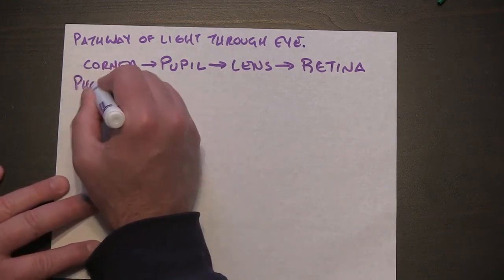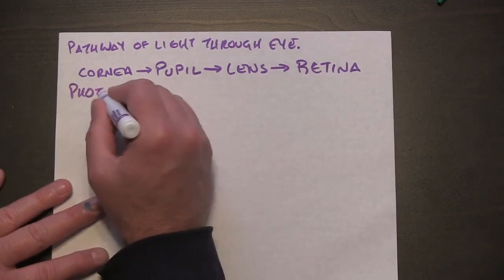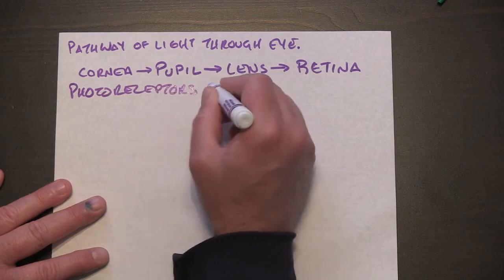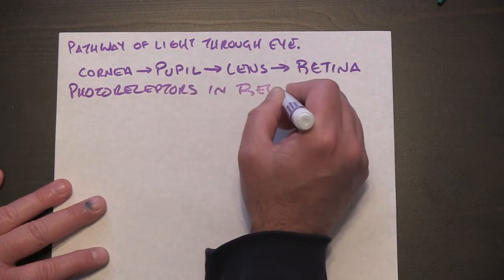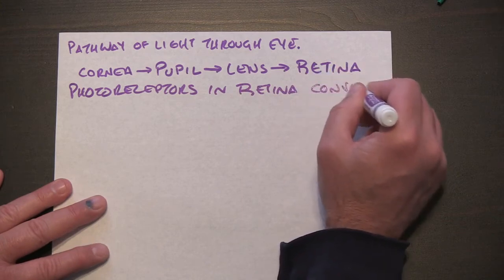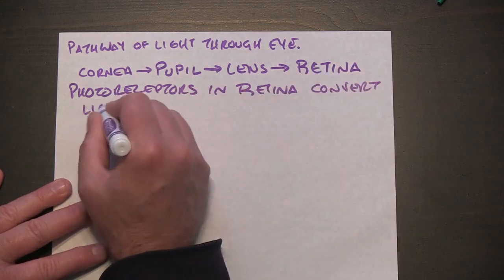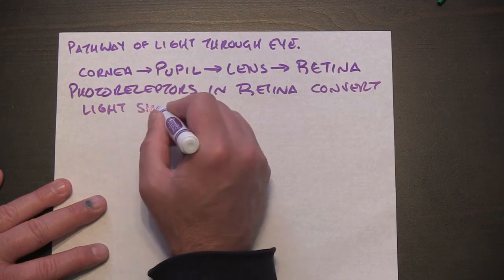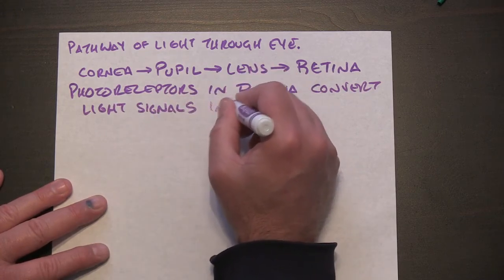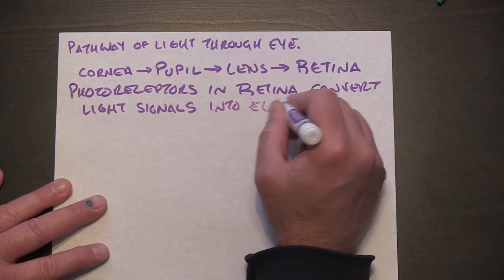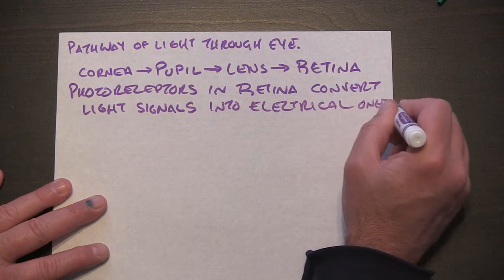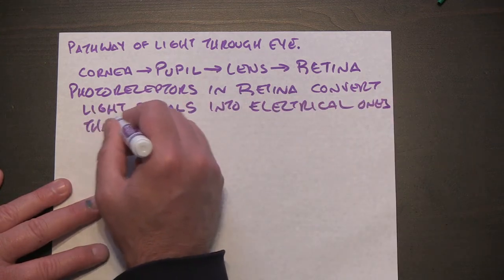So the photoreceptors in the retina convert light signals or stimulus into electrical ones that go to the brain.